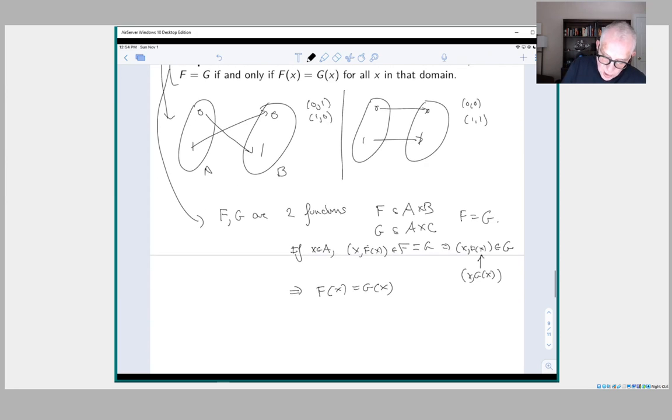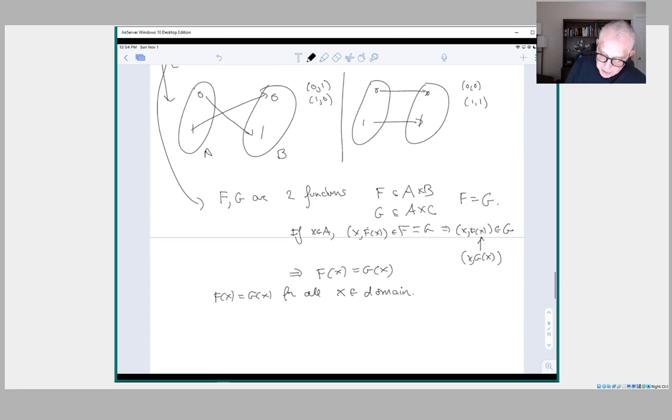On the other hand, what if f of x equals g of x for all x in the domain? So we know that they have the same domain, so the fact that these are equal means that the pair (x, f of x) equals the pair (x, g of x). And this one belongs to the function g, and this one belongs to the function f.